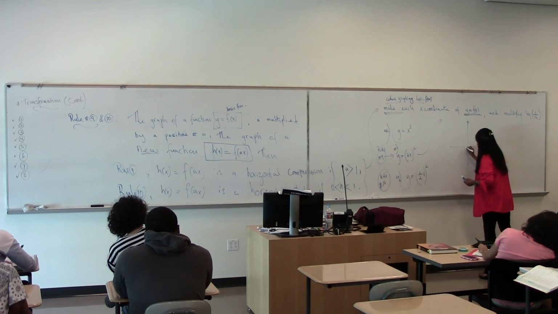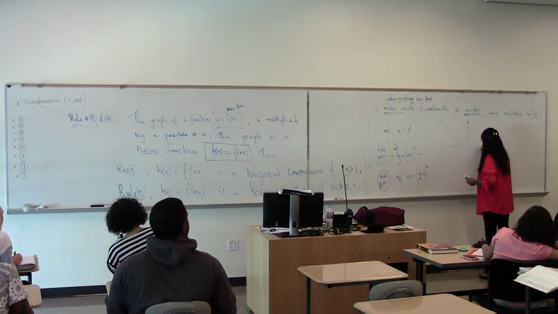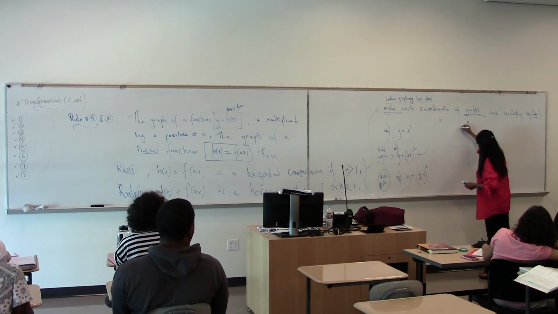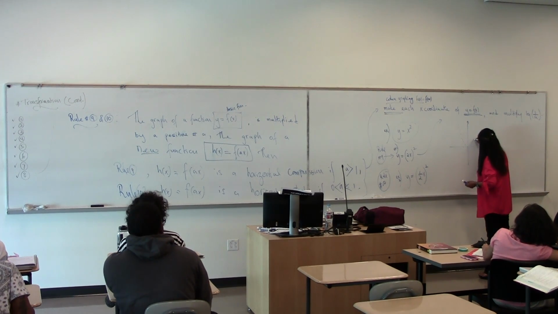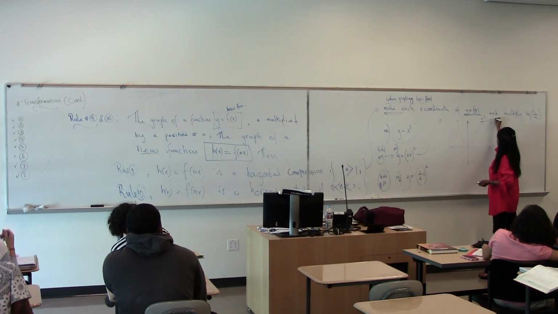Okay, so what do we have here? 1, 1, 2 and 4. So here's the dotted one. This is y is equal to x squared.